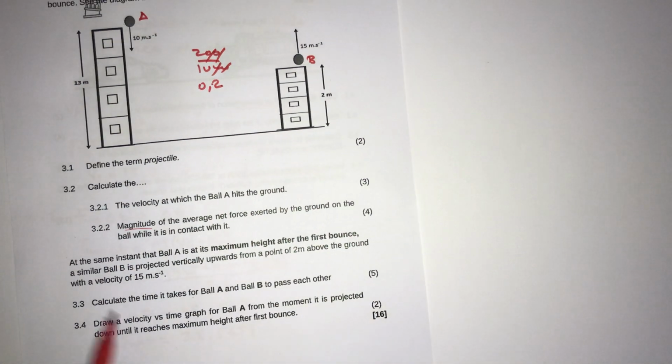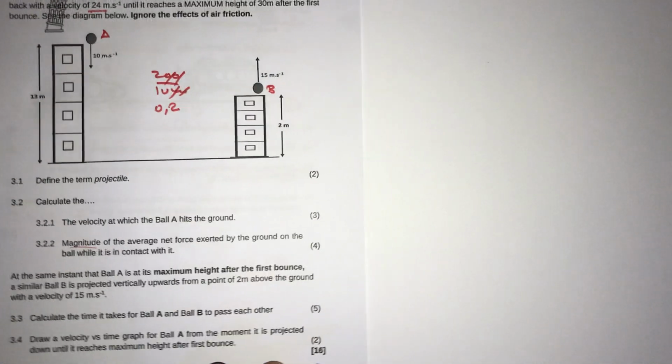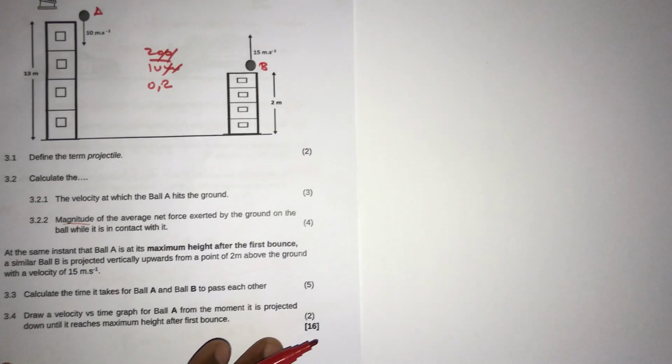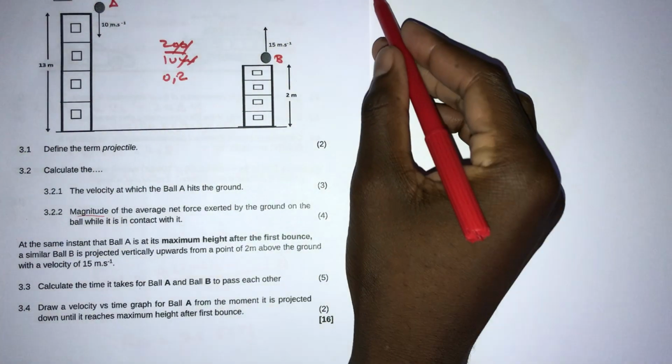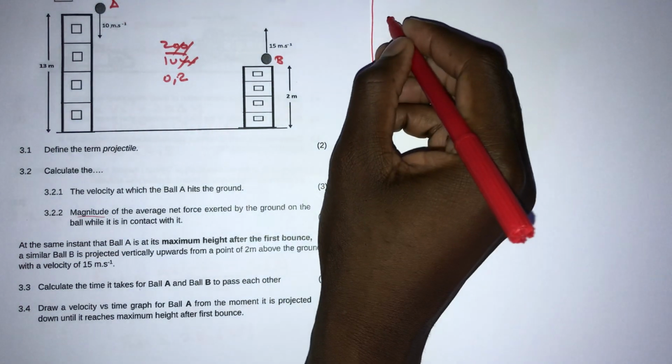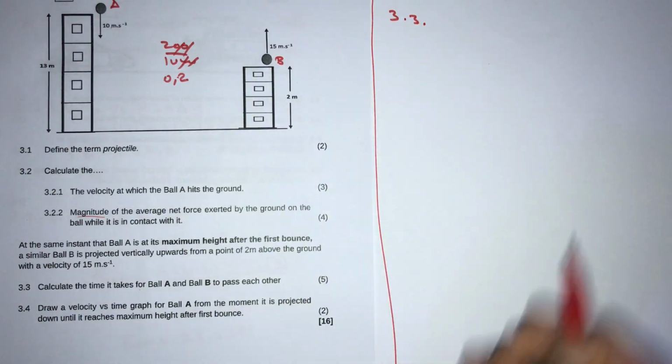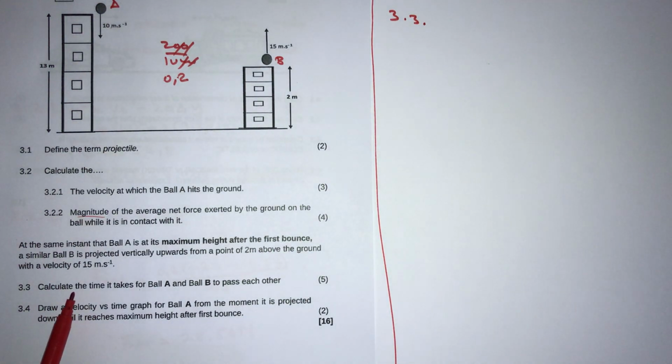So now 3.3, let's just do this. For 3.3, we must calculate the time it takes for ball A and ball B to pass each other. So ball A and ball B meet somewhere and pass each other.